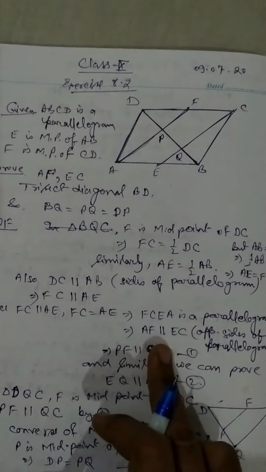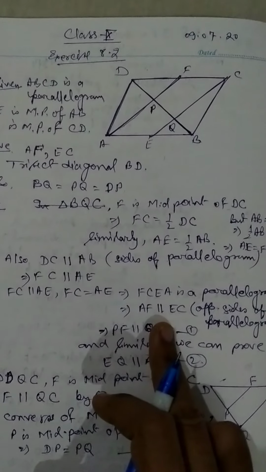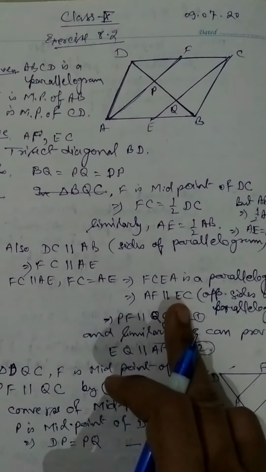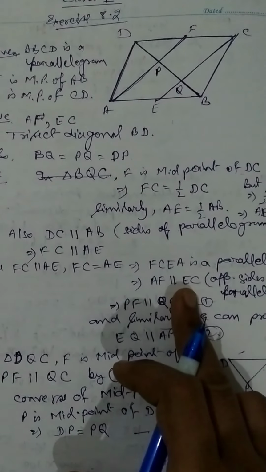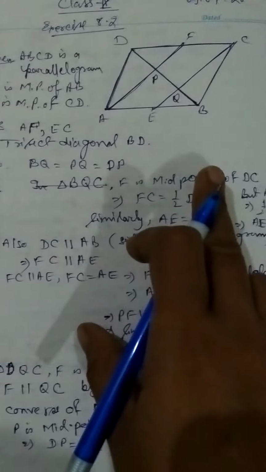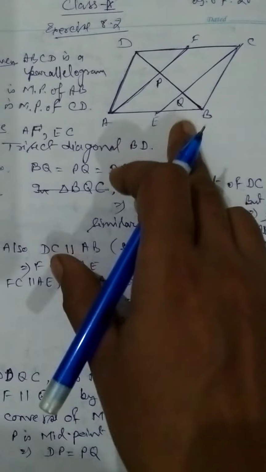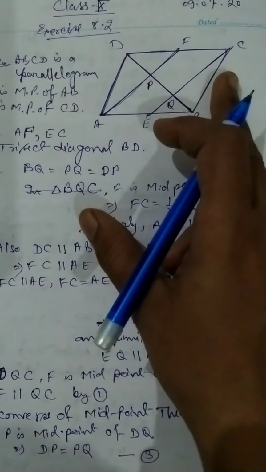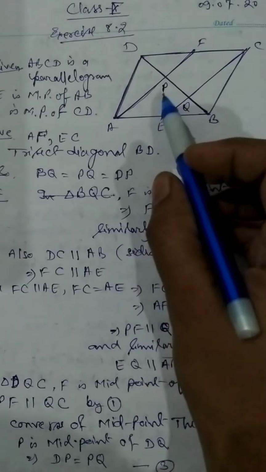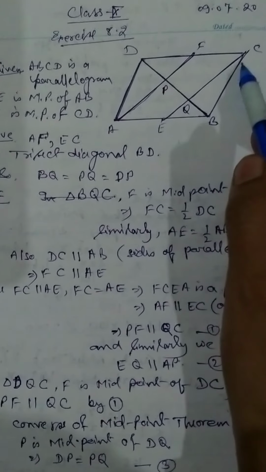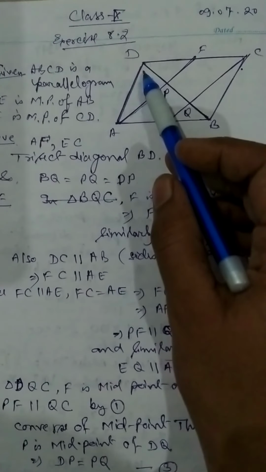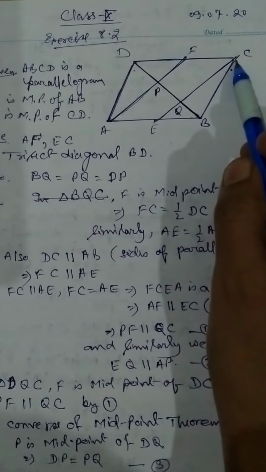Now, if EC is parallel to AF, so part of AF, that is PF, is also parallel to part of EC, that is QC. So PF is parallel to QC in triangle DQC.